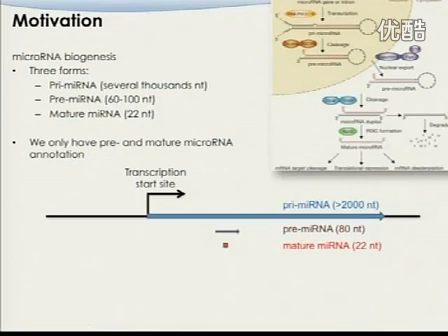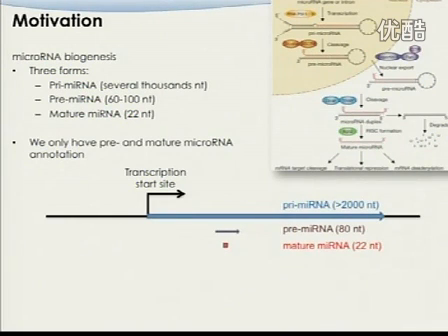And I think the reason is that at that time, when we tried to build a network, we didn't understand microRNA biogenesis very well. So here's the problem, okay? I mentioned there are three different forms of microRNA: primary, precursor, and mature. If I put that on the DNA, this is the primary microRNA. It's very long, and then precursor and mature, right?